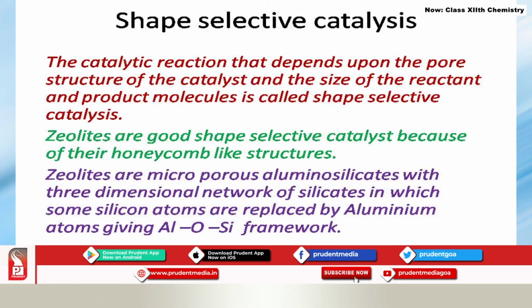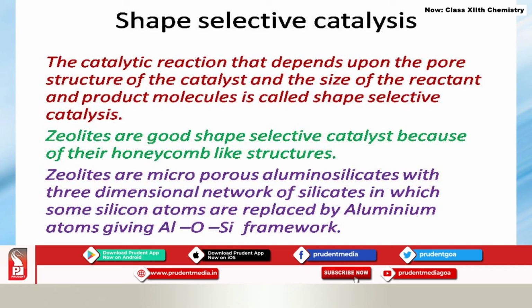Zeolites are very good examples of shape selective catalysts. They have honeycomb like structures. Now, what are these zeolites? In zeolites, there is a 3-dimensional framework of Al, O, Si, which is called the aluminosilicate framework.